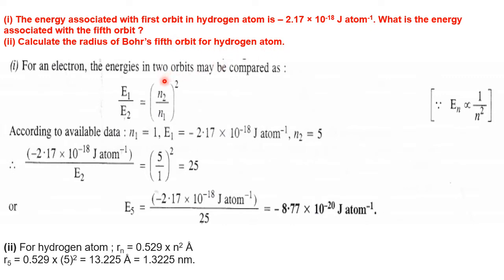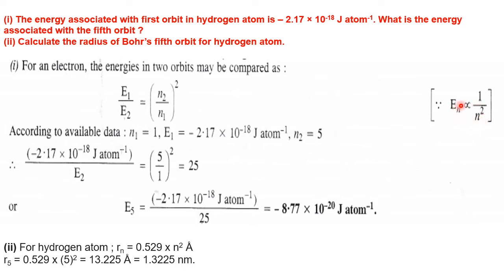Whenever you want to compare energies of two levels, use this relation: En is inversely proportional to the square of its energy level. So E1 is proportional to 1 by 1 square, E2 to 1 by 2 square.